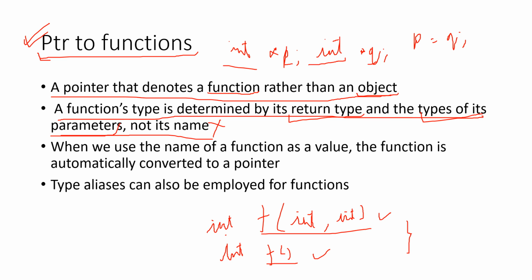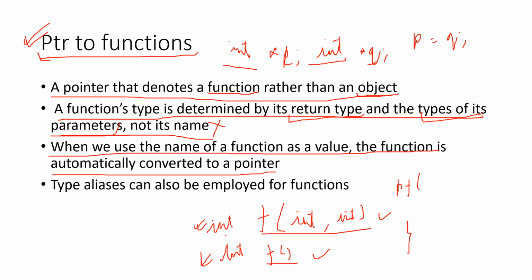Thirdly, when we use the name of a function as a value, the function is automatically converted to a pointer. So if you pass your function to another function, for instance, we create another function pf. These two are regular functions that I have written, not pointers to functions.